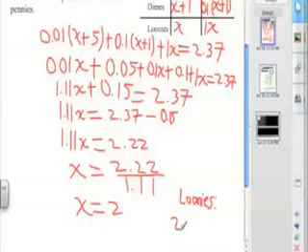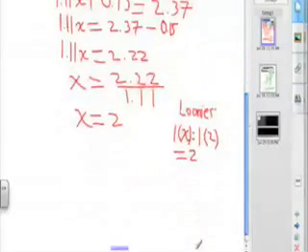So then we would make it 1 times x equals 1 times 2 equals 2. So therefore we have 2 loonies. Next we go down to the pennies.